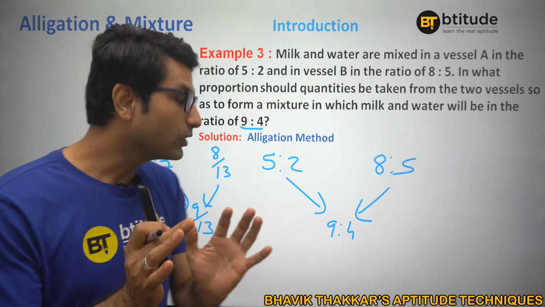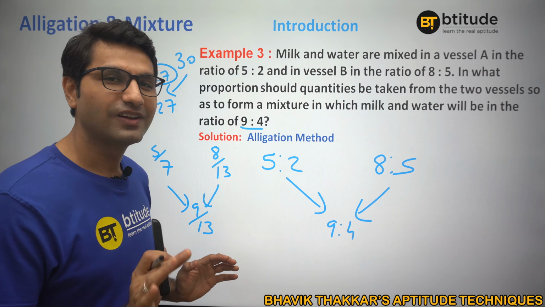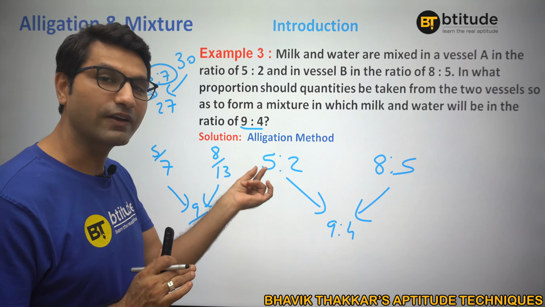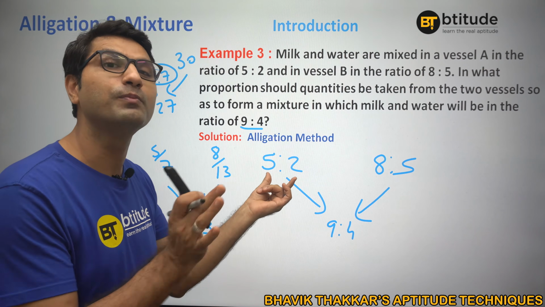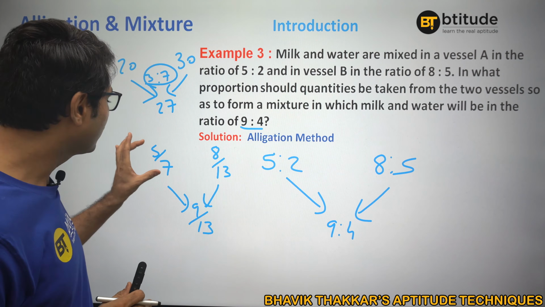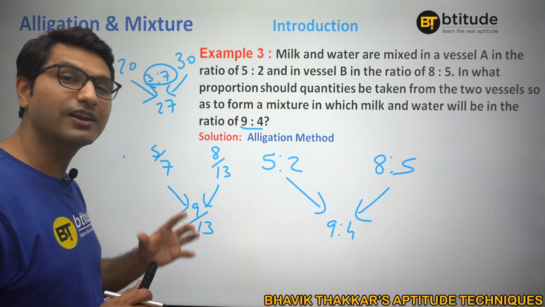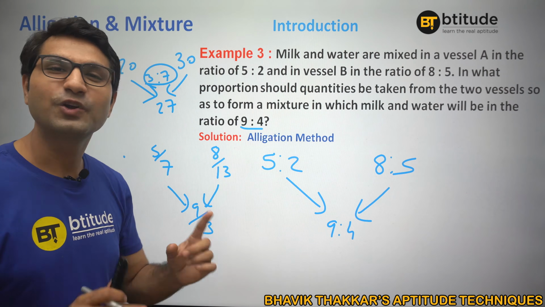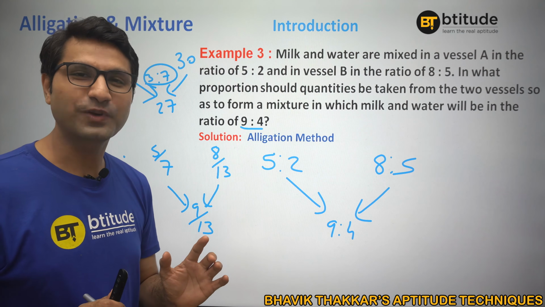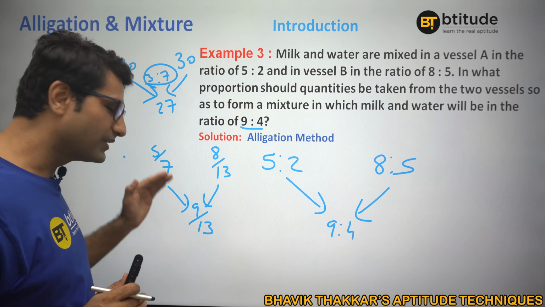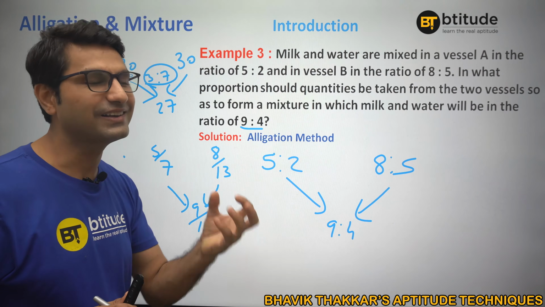Getting this? So don't think we have taken only milk. No, we have not taken only 5. 5/7 means, out of the mixture, 5/7 is milk. So this 5/7 represents the whole mixture, not only milk.